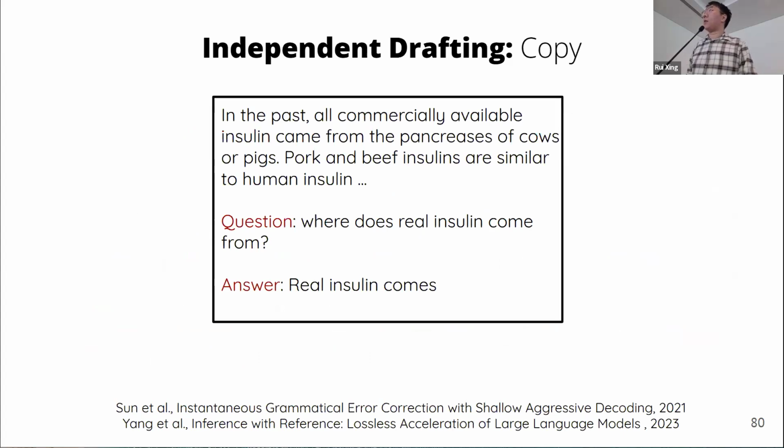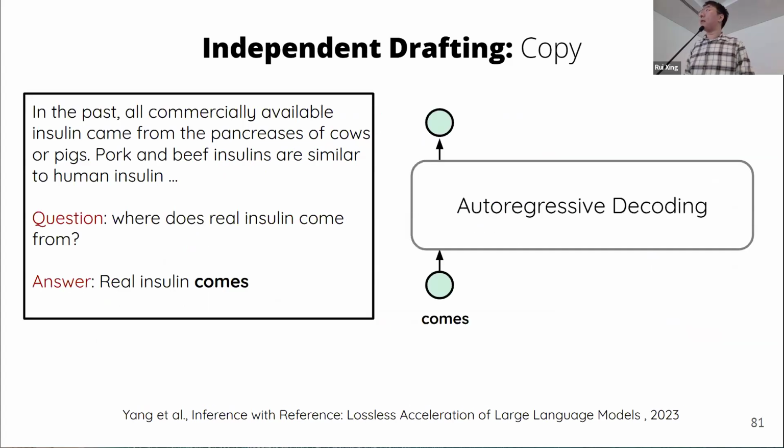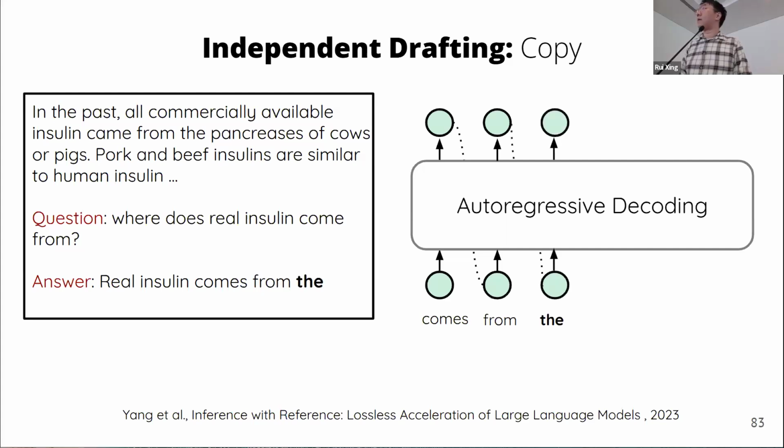Here we show first giving the documents and the question. The model has decoded "comes", and then, okay, here the first token "comes" is input to the autoregressive decoding model, and then "comes" predicts "from", and we have "from", and then we have the next token also decoded by autoregressive decoding.